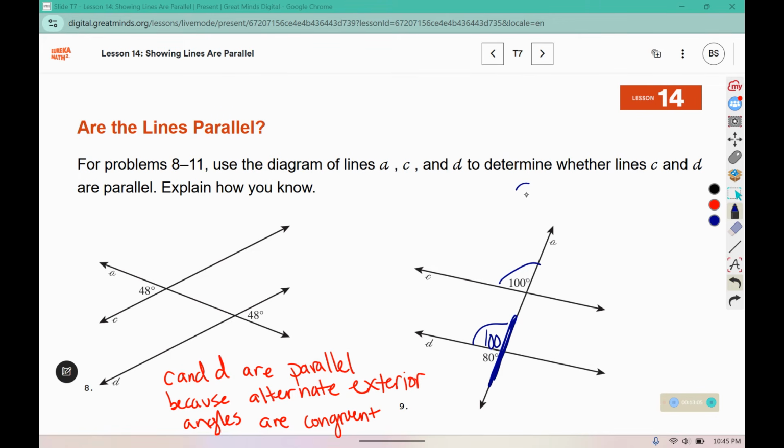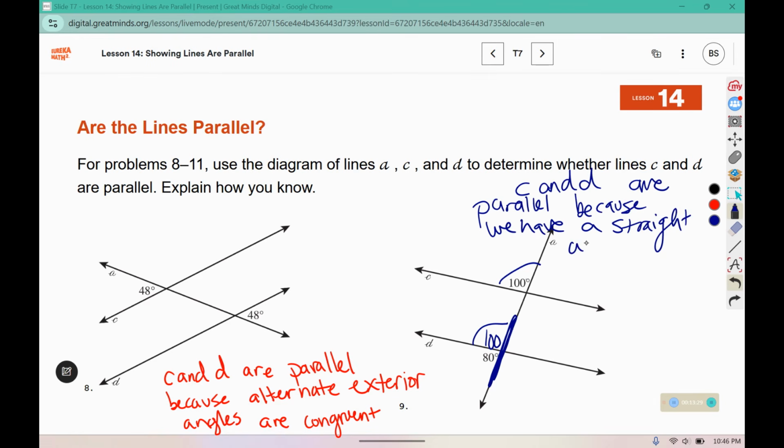So C and D are parallel because we have a straight angle and the corresponding angles are congruent.